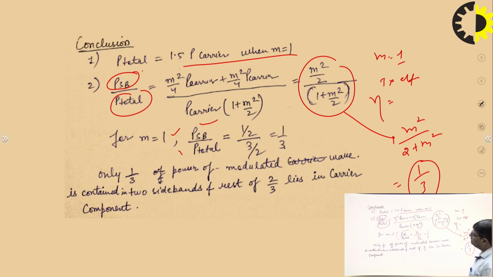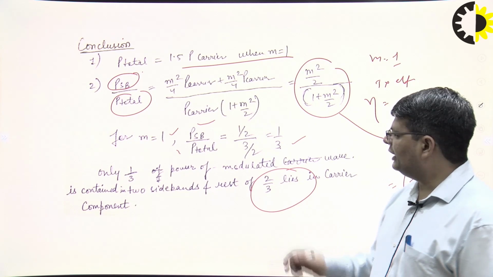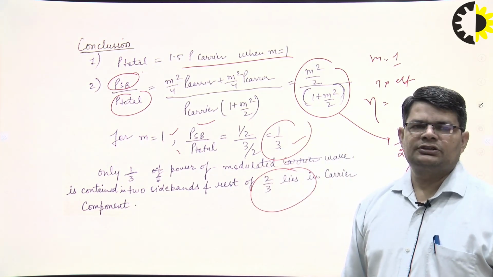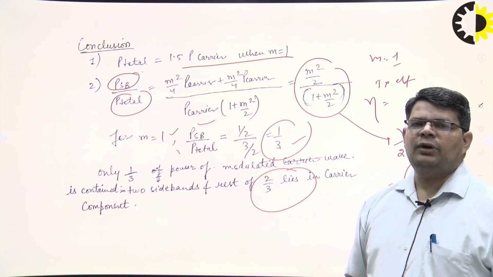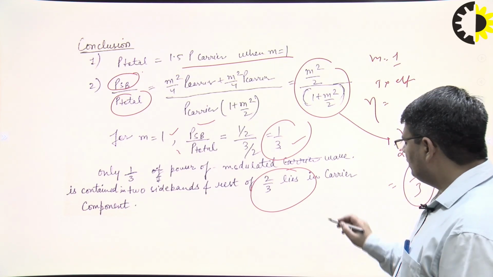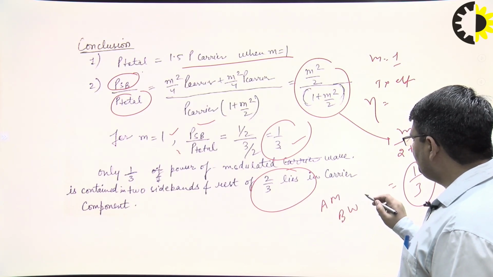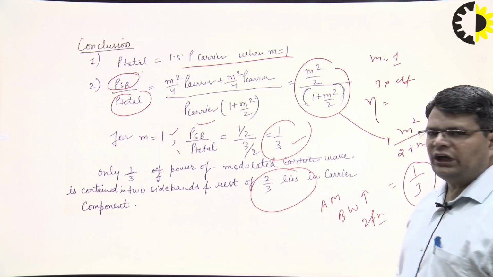So we can see that the transmission efficiency is 1 by 3 only. Two thirds of the power is contained in the carrier, whereas only one third of the power is contained in the sidebands, hence resulting in low power efficiency. In AM we can see that it is not bandwidth efficient because it uses 2 sidebands.